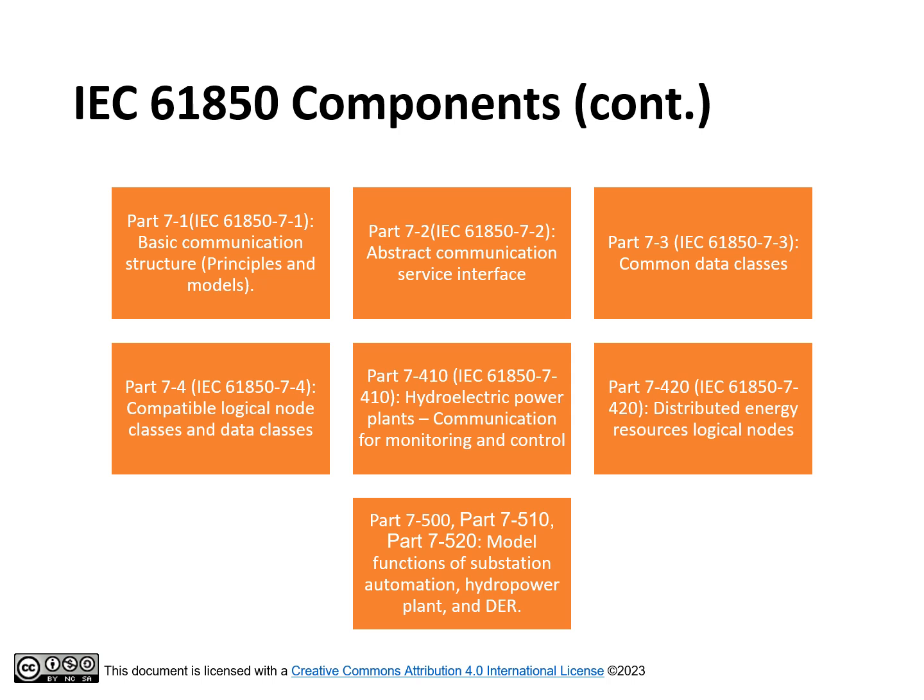The Part 7 component is made up of the following subcomponents. Part 7-1, IEC 61850-7-1, Basic Communication Structure of Principles and Models. Part 7-2, IEC 61850-7-2, Abstract Communication Service Interface.